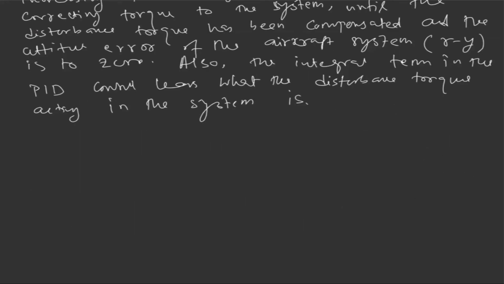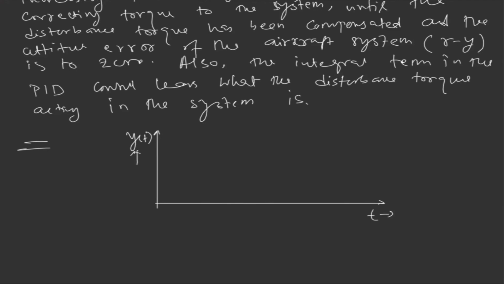Now let's look at how we can modify the system response. As I mentioned, for any kind of response we can have two components: one is the transient response, another is the steady state response. So suppose this is my y of t, and this is the t-axis.